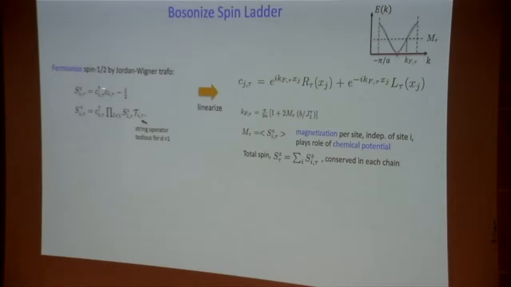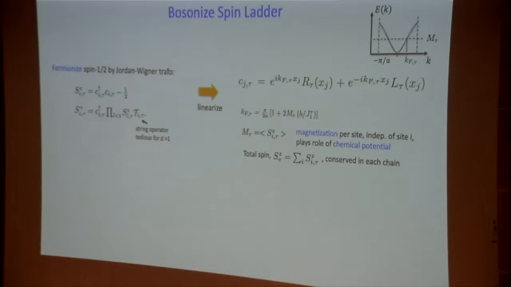After fermionizing, we can look at the spectrum without the Z-Z interaction. So there's just a standard fermionic dispersion. And the magnetization basically plays the role of a chemical potential and defines a Fermi momentum, as is indicated here. So with the magnetic field, we can tune the system.